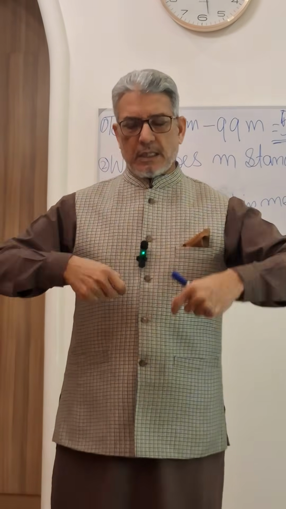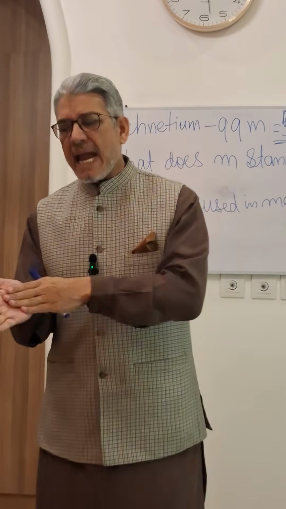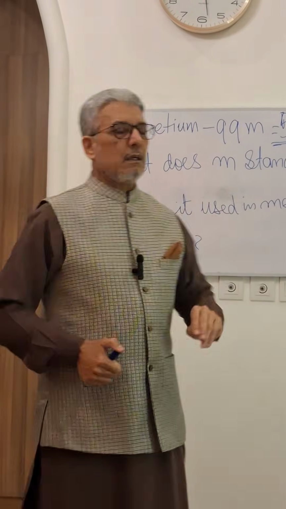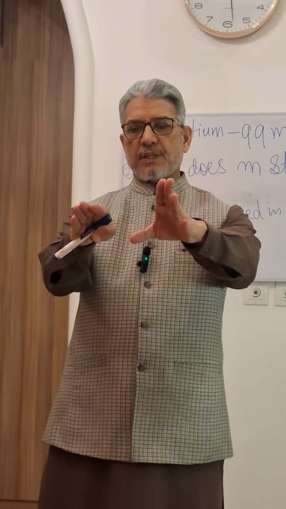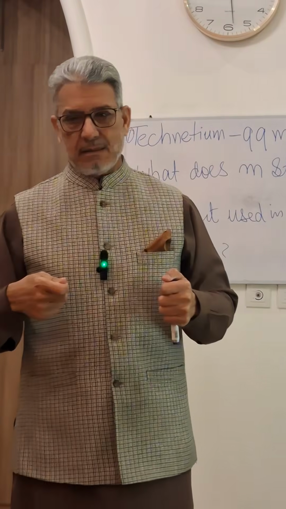Now, when this radiopharmaceutical glucose and this attached atom of technetium-99m travels in the body and accumulates at a certain place, it produces gamma rays. Because it is radioactive, it has to produce rays, it has to emit energy.